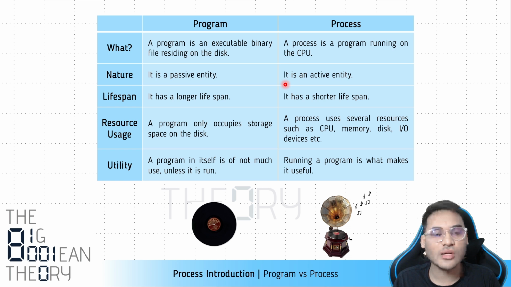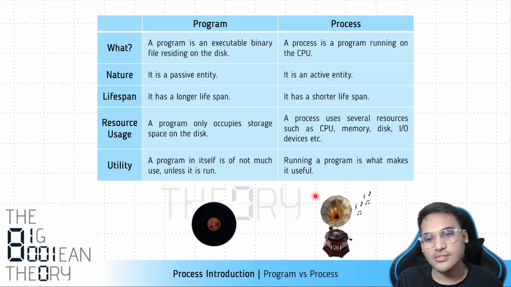And in the case of a program, there is no such activity. Similarly, let's come back to the analogy. When the music is being played by the music player, you can see that the CD is rotating, the notes are being decoded, and finally the music player is playing that music. You can hear some beautiful music coming out from the player. So this was the second difference, the difference between the nature of a program and a process.